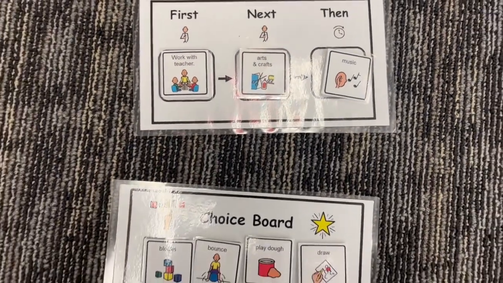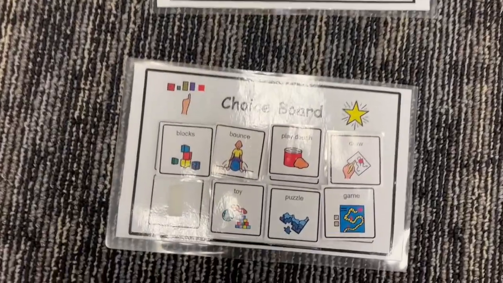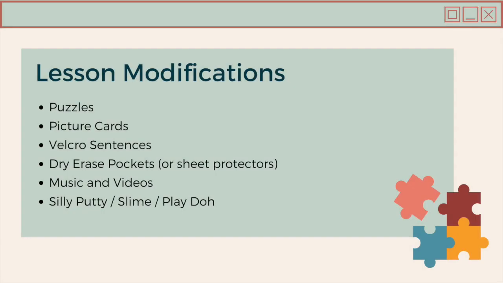Some other examples of lesson modifications might include things like puzzles, picture cards, Velcro. I'm going to show examples of all of these, but dry erase pockets, music, silly putty, slime, Play-Doh. And so let me show you some examples of these.